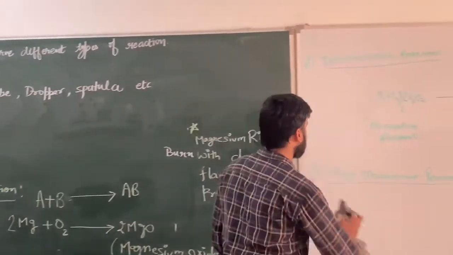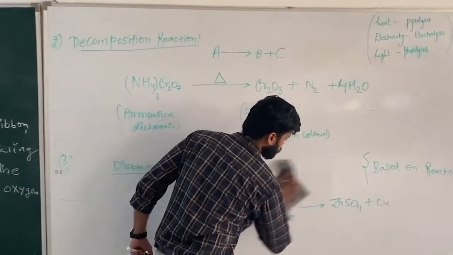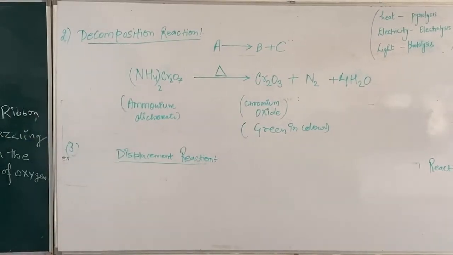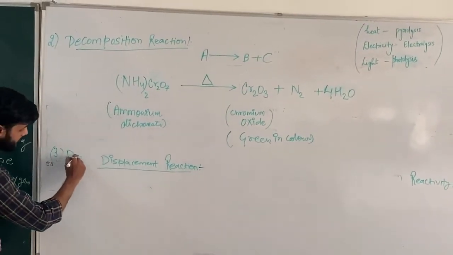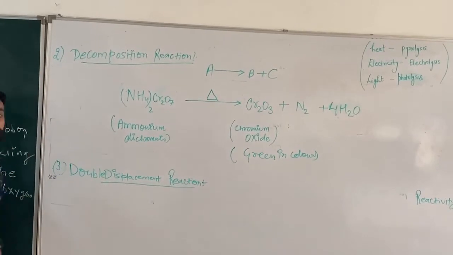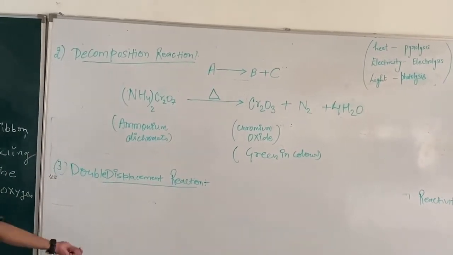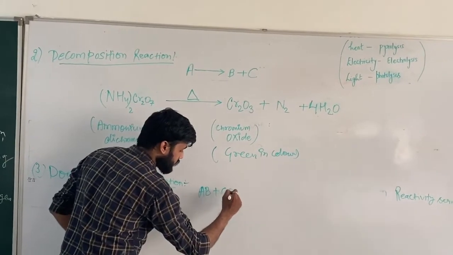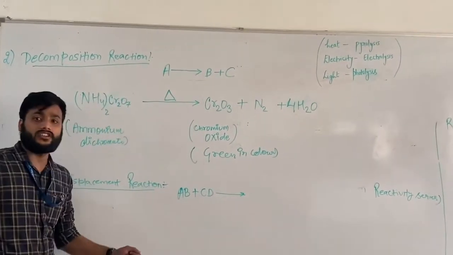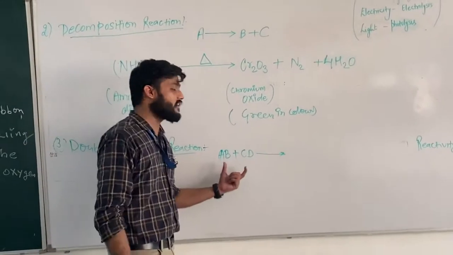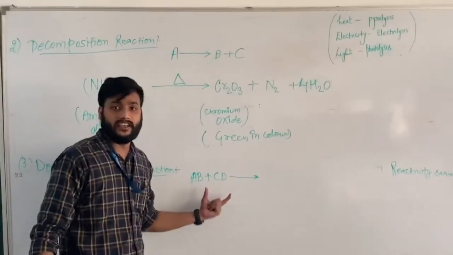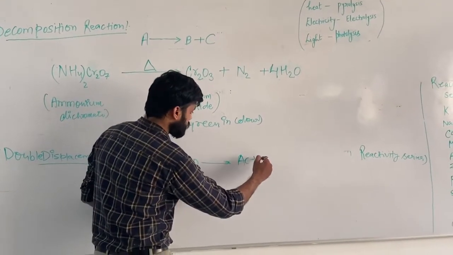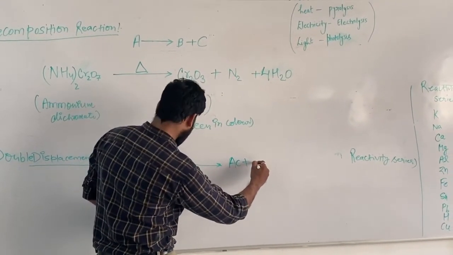Now let's start with the double displacement reaction. Double displacement reaction means when the salt solutions of two metals react with each other, a rearrangement of atoms takes place and it gives the salt solutions of other metals.